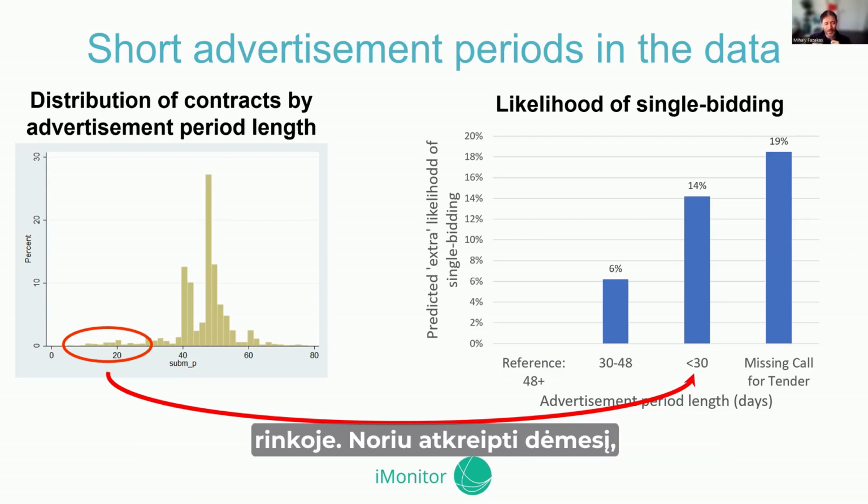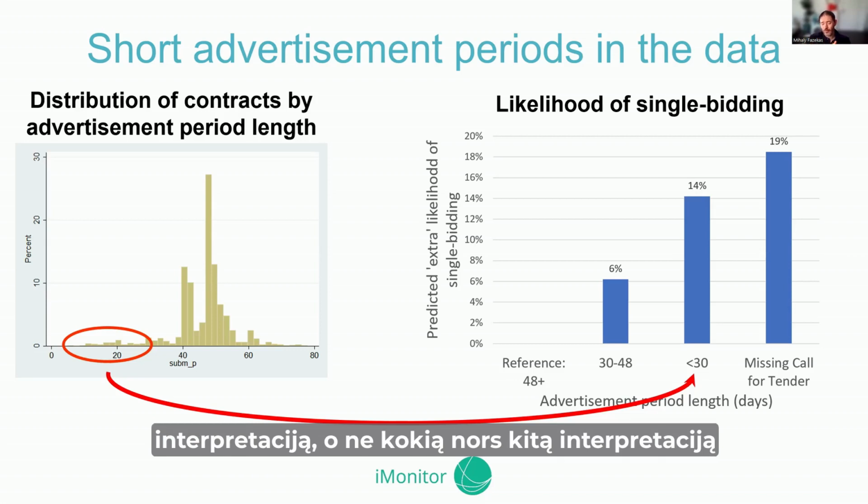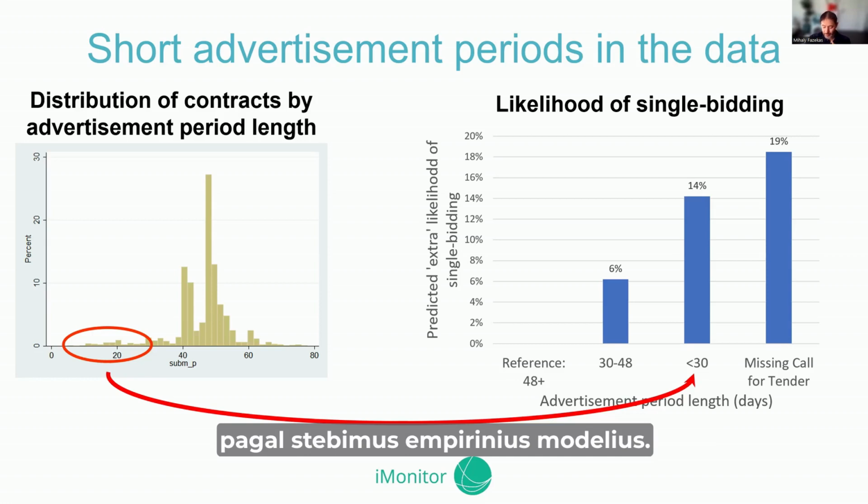Now, again, I want to emphasize this is no proof of corruption, but two indicators together, or three or four together, they really strengthen our corruption risk interpretation rather than some other interpretation of the observed empirical patterns.